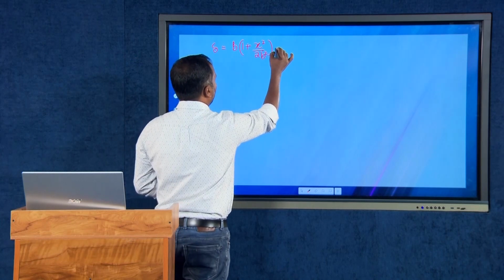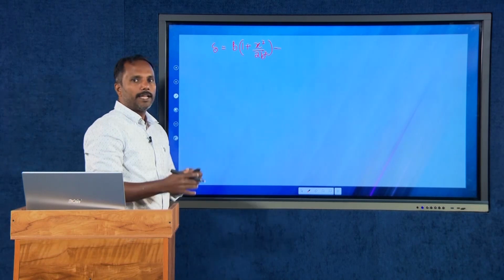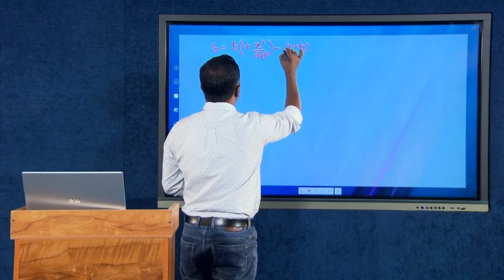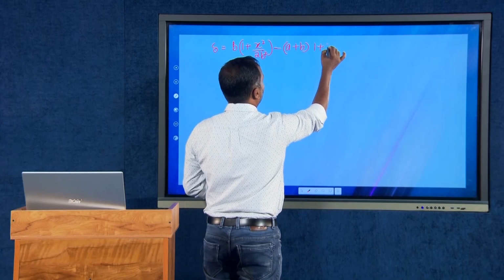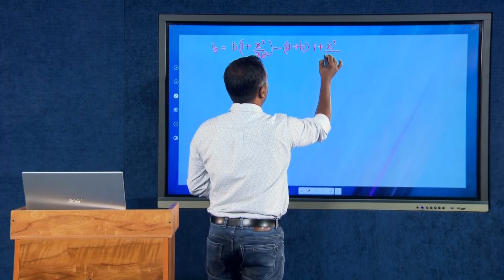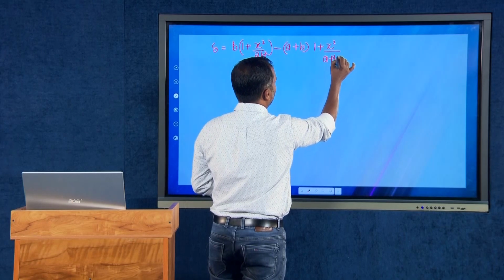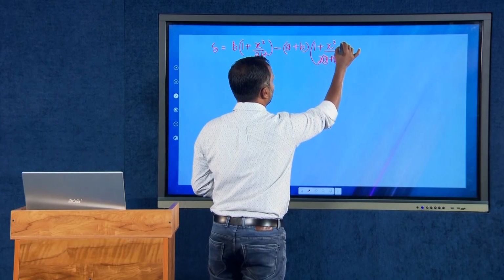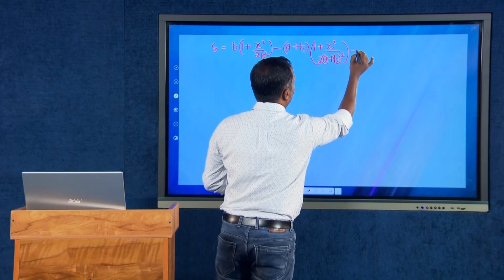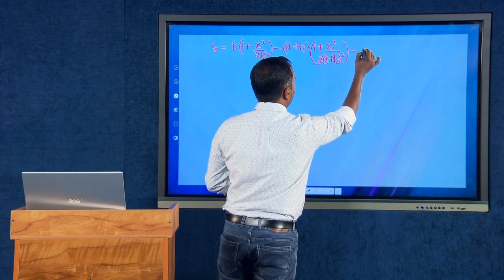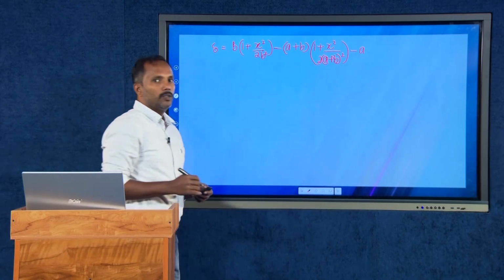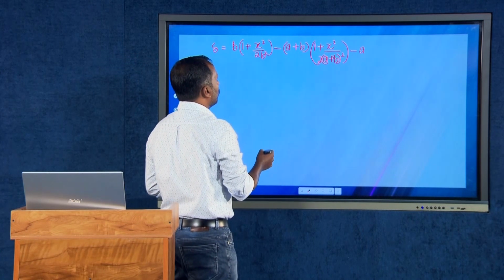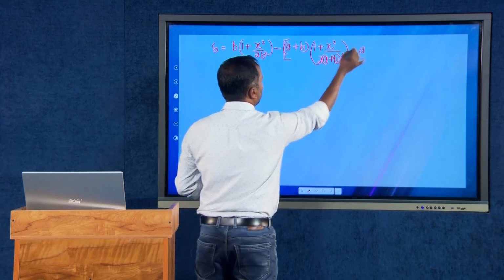Then minus the second term, A plus B into 1 plus X square divided by 2 into A plus B all square, all minus 1. So this is the term we have, and we have the bracket over here.